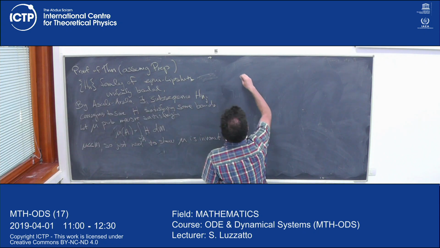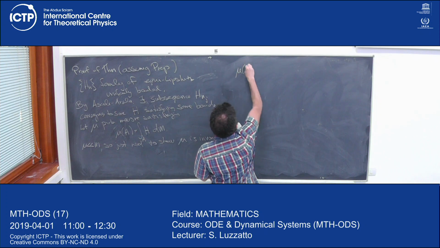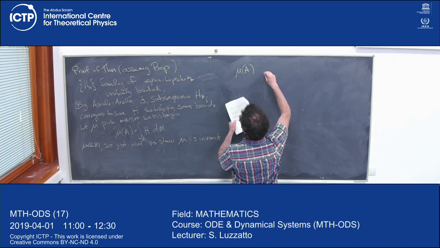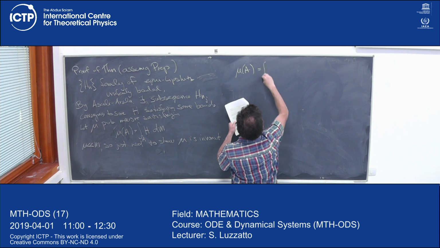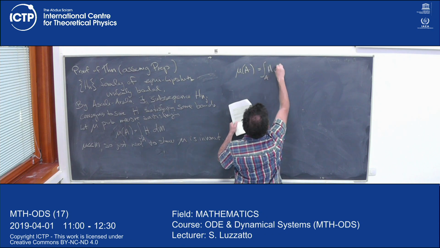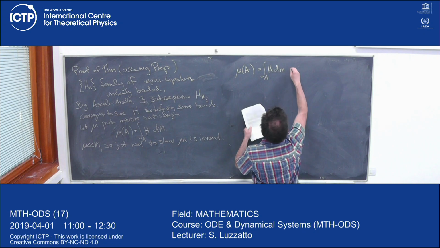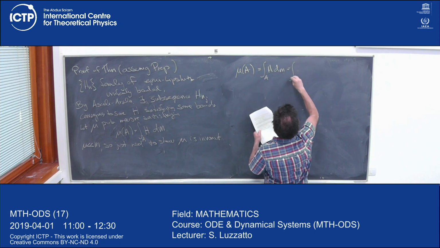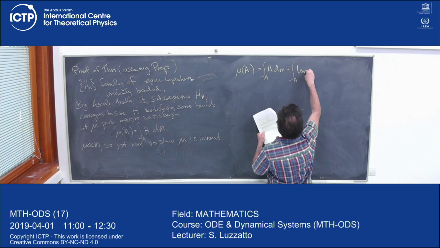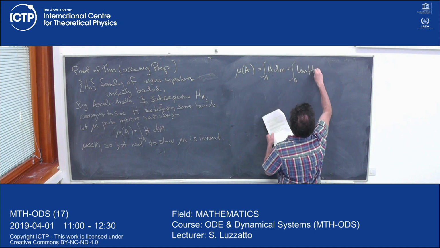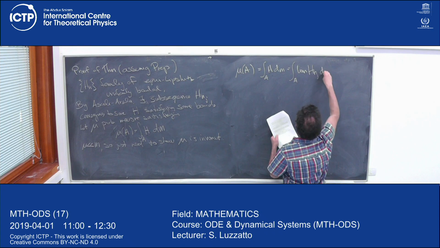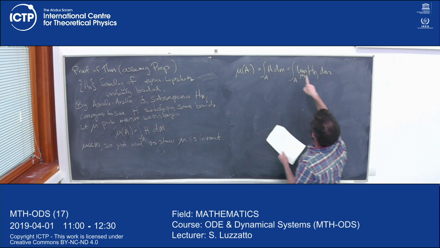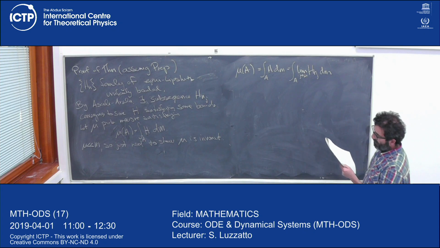But what we have is that if we take mu of A, by definition this is equal to the integral over A of H dm. And by definition of H, this is equal to the limit of the integral of Hnj dm, because H is the limit of this subsequence.